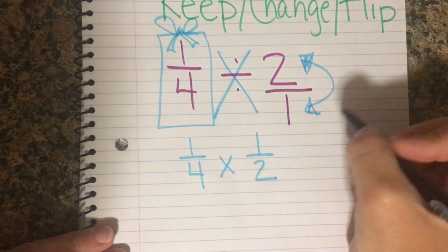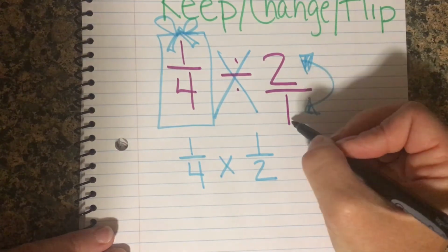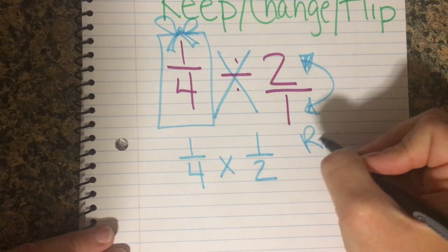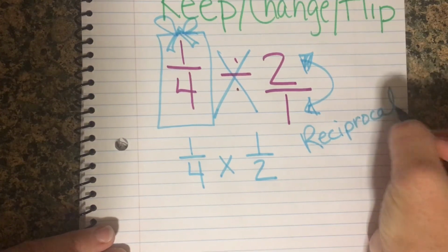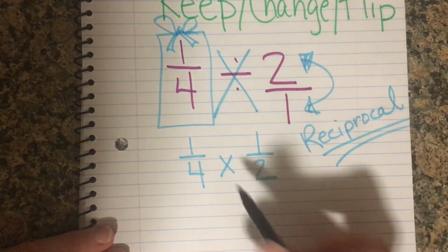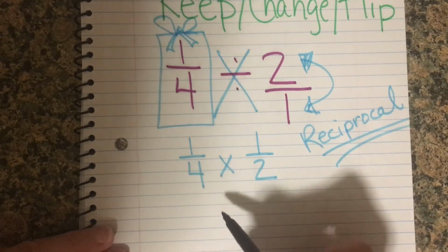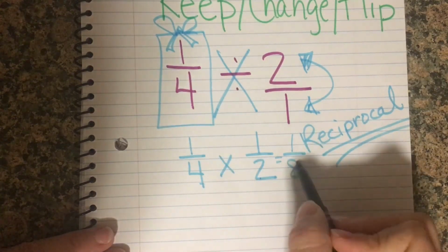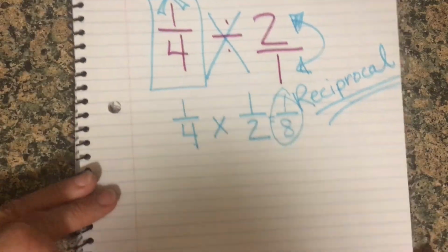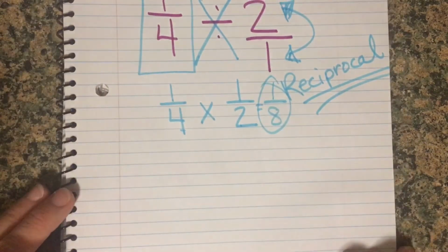When we do this, we're changing 2/1 to 1/2. This is called the reciprocal. When you flip it to the reciprocal, you can multiply. 1 times 1 is 1. 4 times 2 is 8, and you're done. It's a little bit easier than drawing all the boxes.